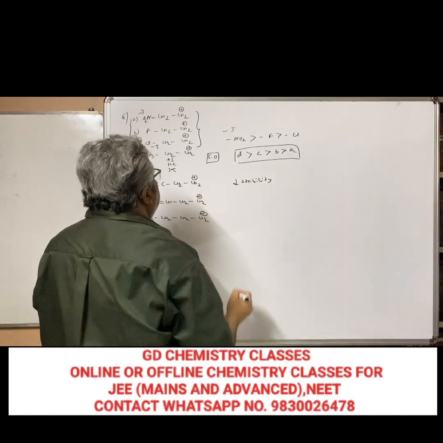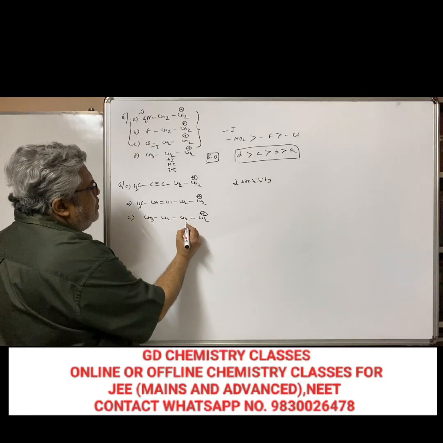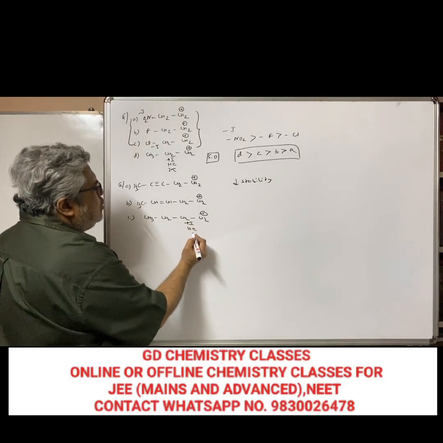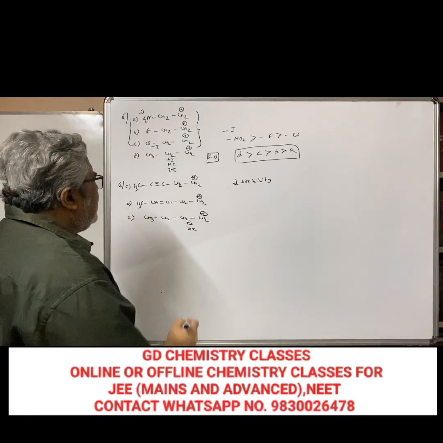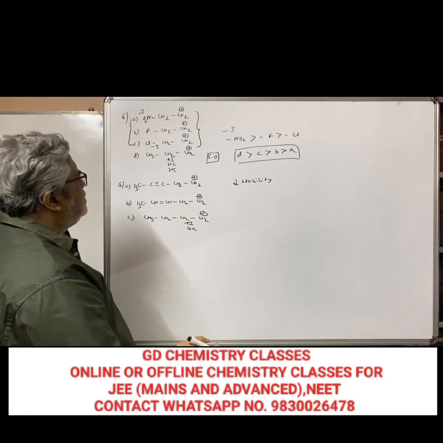This is the only one, C, where there is a plus I effect, and we can also consider hyperconjugation. Hyperconjugation is obviously more significant if it is inductive, which we have discussed in detail in the earlier video.